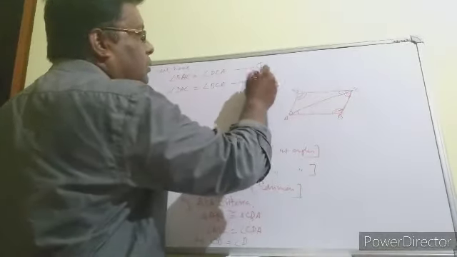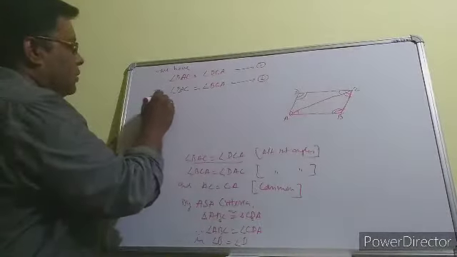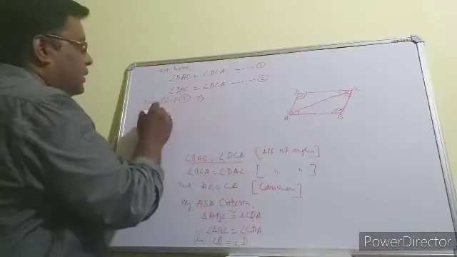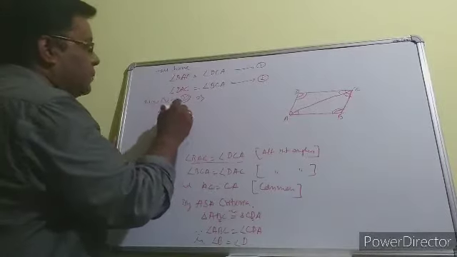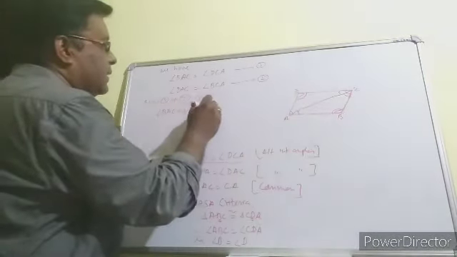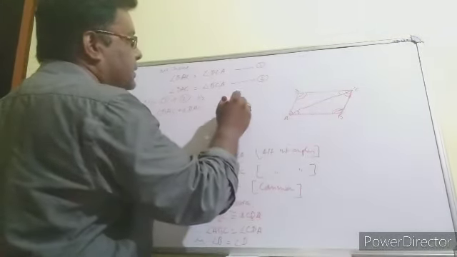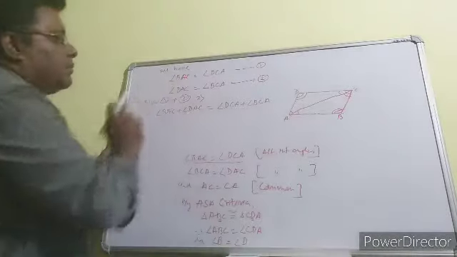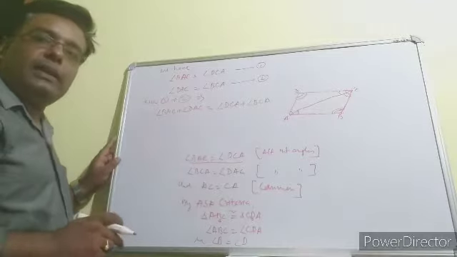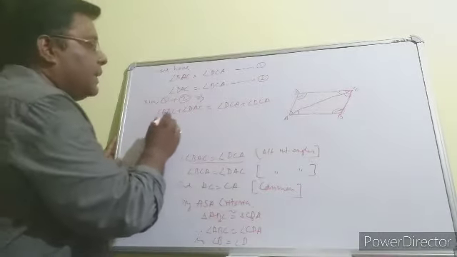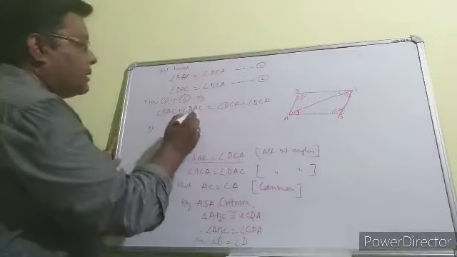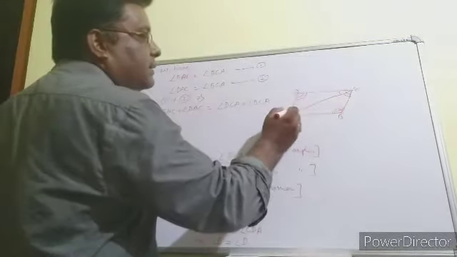This is number 2. Now 1 plus 2 implies angle BAC plus angle DAC is equal to angle DCA plus angle BCA. That is, left hand side plus left hand side is equal to right hand side plus right hand side. BAC is this angle, plus DAC is this angle.